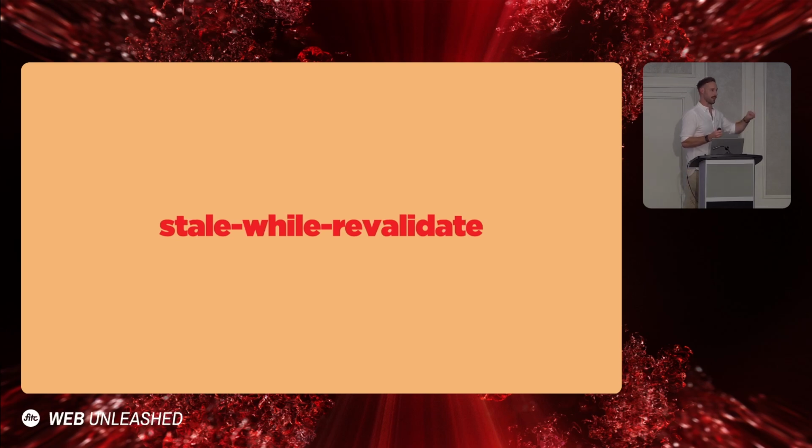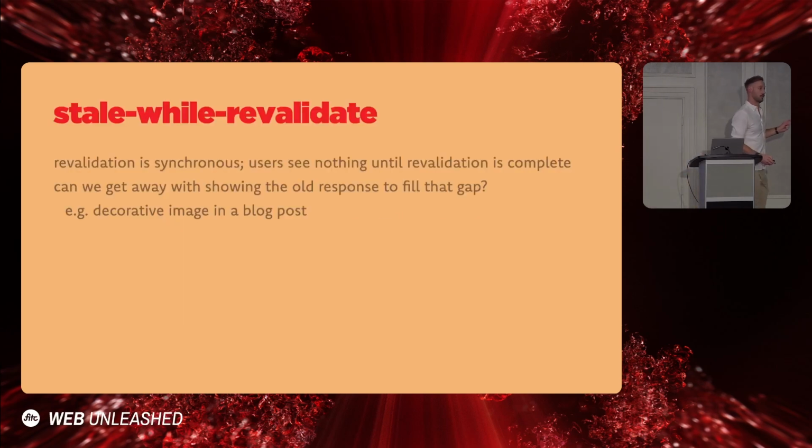Revalidation happens in band. Let's say you've got an image that has gone stale. The browser might render the page, but because the image has gone stale, the browser has to go back over the network to the server, get the new copy of the image, and bring it back. And while you're doing that, you've just got an empty gap in the page. Stale while revalidate says, okay, for at least 10 more minutes, put the old image in that place, but in the background, out of band, asynchronously, go and fetch the new version of the image so that the next visit gets it immediately.